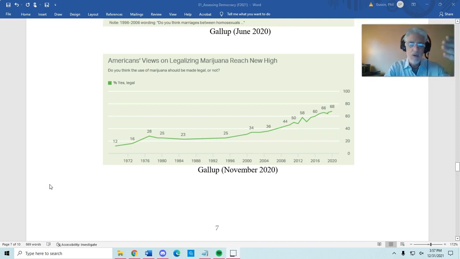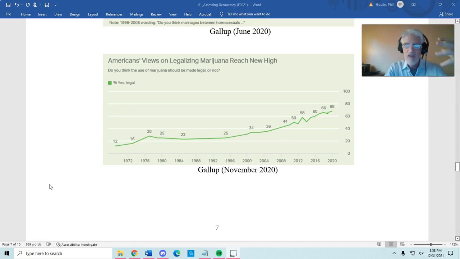So what does this show? Well, at the state level, right around 2000, a bunch of states started passing laws making medicinal marijuana legal. It just kept growing and growing and growing. I think in 2014 alone, 14 states made medicinal marijuana legal. And so the number of states that allowed medicinal marijuana was growing and growing.